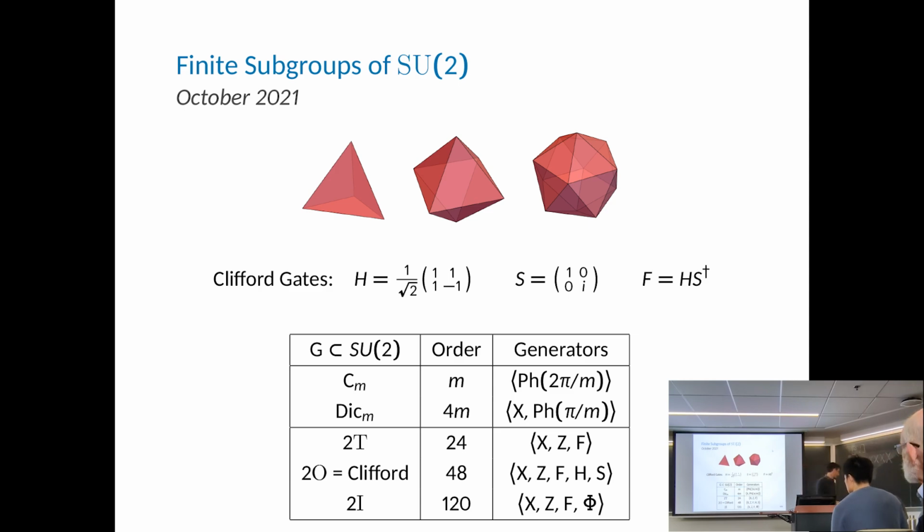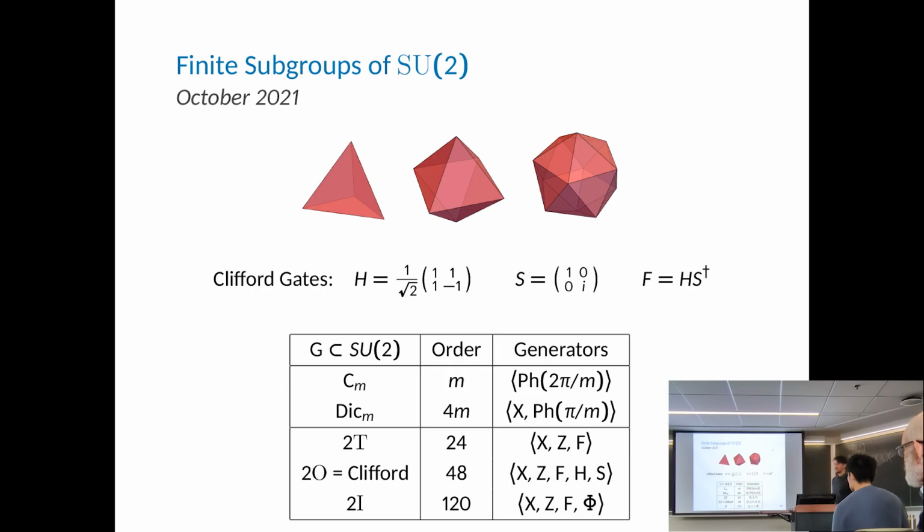And it turns out, if you spend time on Quantum Computing Stack Exchange, like really spend a lot of time on Stack Exchange, you can find out that there's a famous code called the 5-1-3 code that is able to implement 2T transversally. And there's a very famous code called the Steane code that can implement 2O transversally. But no matter how hard you look on Stack Exchange, you will not find a code that implements 2I transversally.